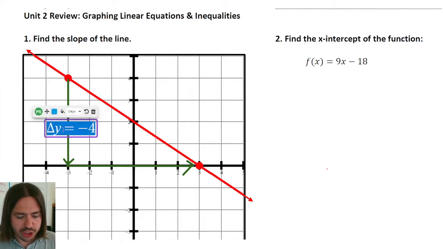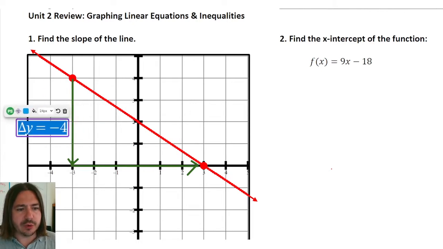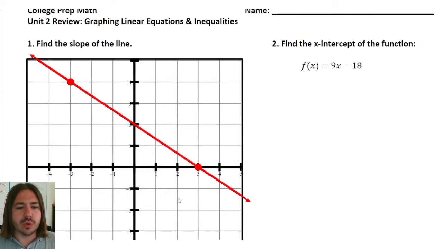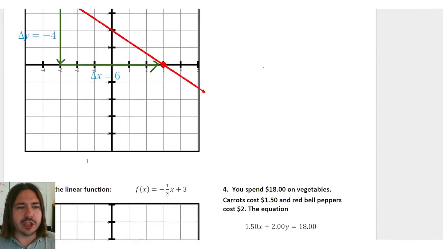And then my change in x will be however many units I'm going horizontally here. So if I'm counting 1, 2, 3, 4, 5, 6, my change in x is going to be 6.